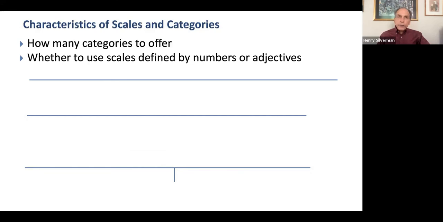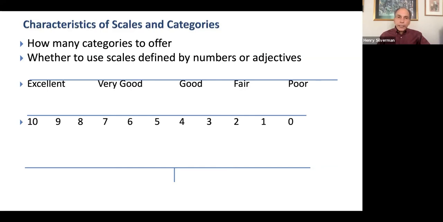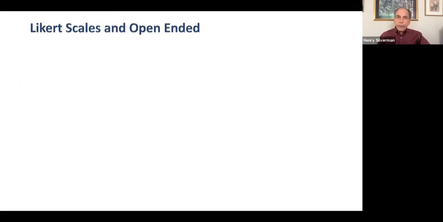So you have to decide how many categories to offer, and whether you want to define your scales by numbers or adjectives. So adjectives, numbers, or just plainly good, not good. Now, Likert scales.